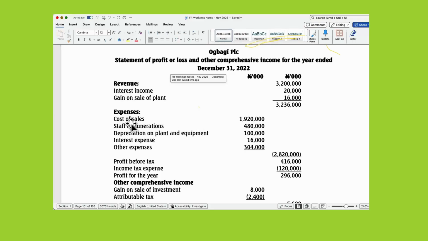Now let's go to cost of sales, which is 1,920,000. For cost of sales, I will show you two ways. One way is methodical; if you like that one, you can use it. The other way is fast, and that is also methodical.